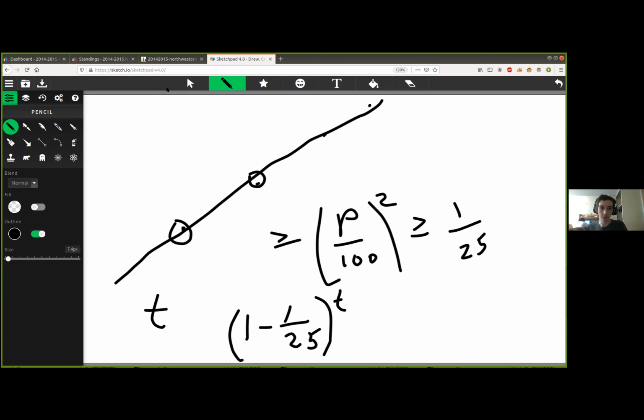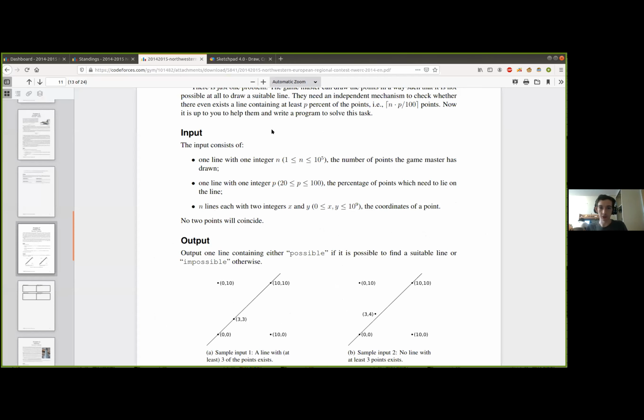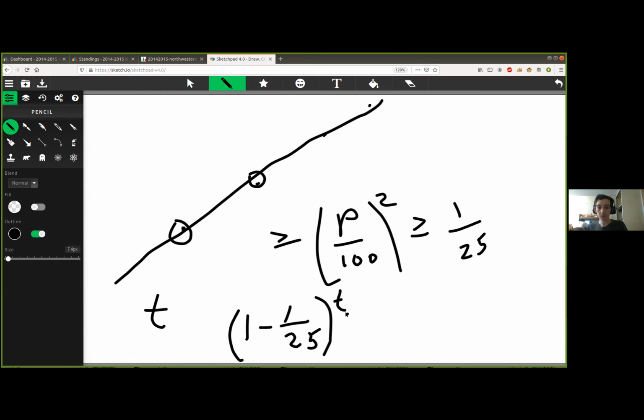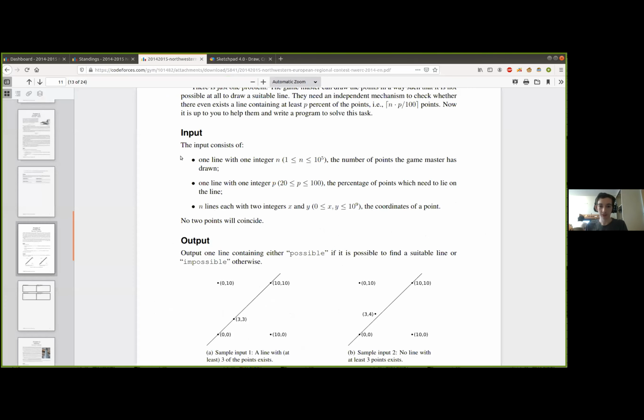If you do it like 100 or 200 times, then this is a very small number, it decreases exponentially very fast.